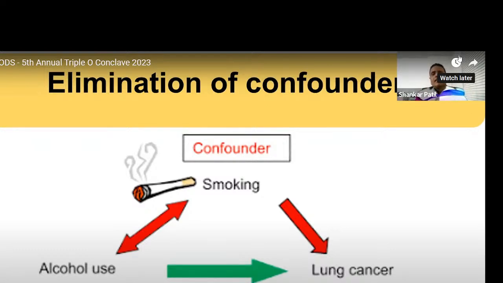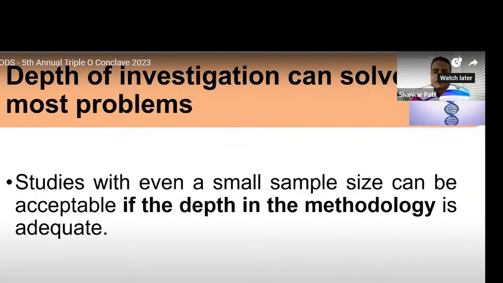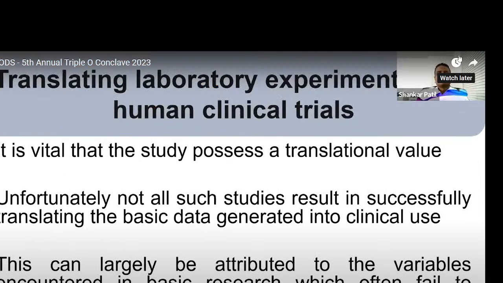If you're doing a study on cigarette smoking, the patient should have the habit of smoking only. He should not have other habits like water pipe smoking, cigar smoking, or vaping. So elimination of confounders is very, very important. Studies with even a small sample size can be acceptable, as I have told, if the depth in the methodology is adequate.